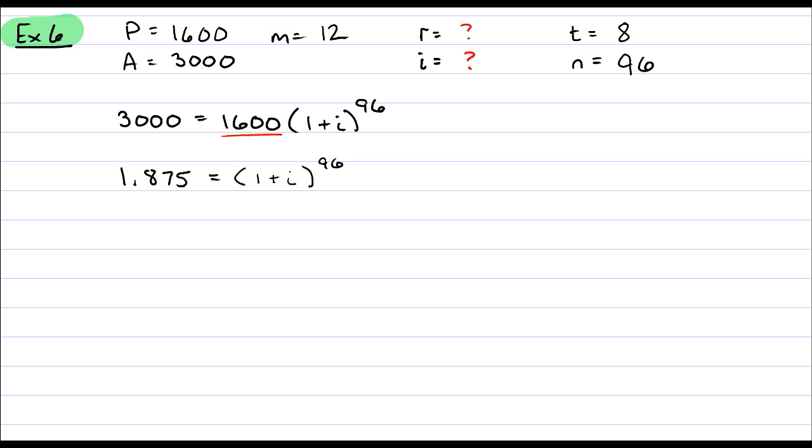For example, let me scroll down for just a second to explain how this is going to work, because it is a little bit tricky. Let's say I had something like, let me just make up something, 16 equals 1 plus I squared.